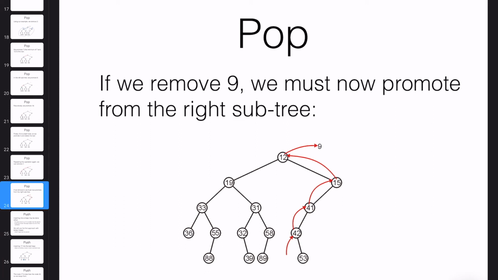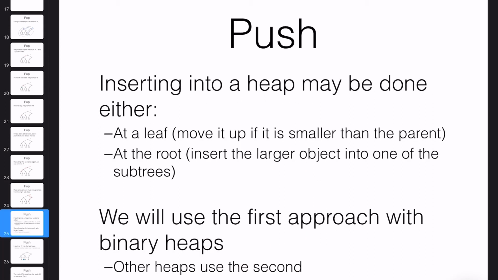And what is going to be the way we can actually insert an item? In fact, we can do the push in two different ways. We can either start from the root. The item that you get, maybe this is going to be the smallest item, right?